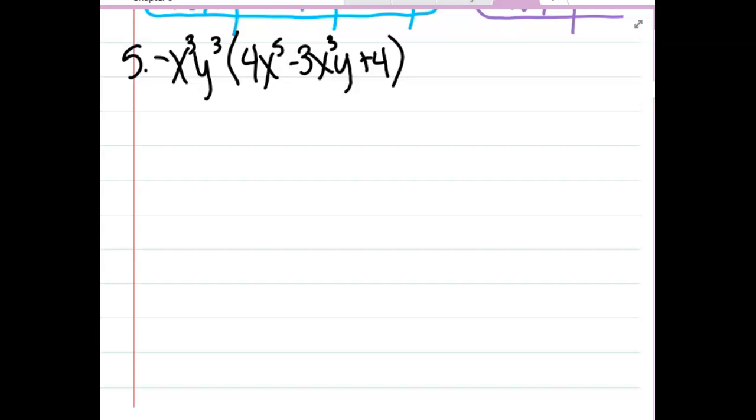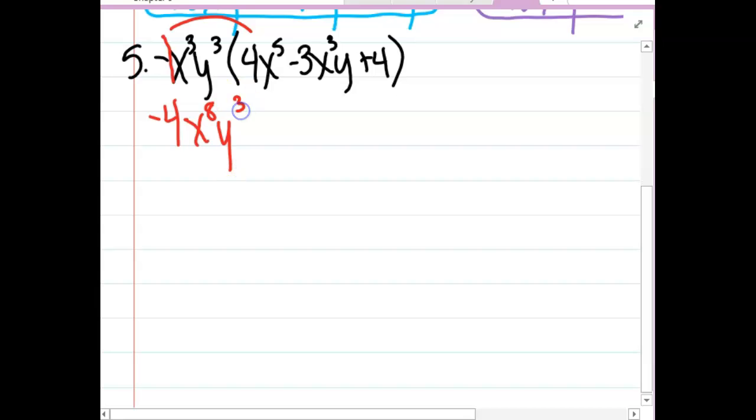Now, if it helps, I would encourage you, just write that 1, it's negative 1. That way you don't forget about it, because when you're distributing, you're going to take negative 1 times 4, which is negative 4. And then you're going to take x cubed times x to the 5th, so 3 plus 5 will give you x to the 8th, and then you still have the y cubed.